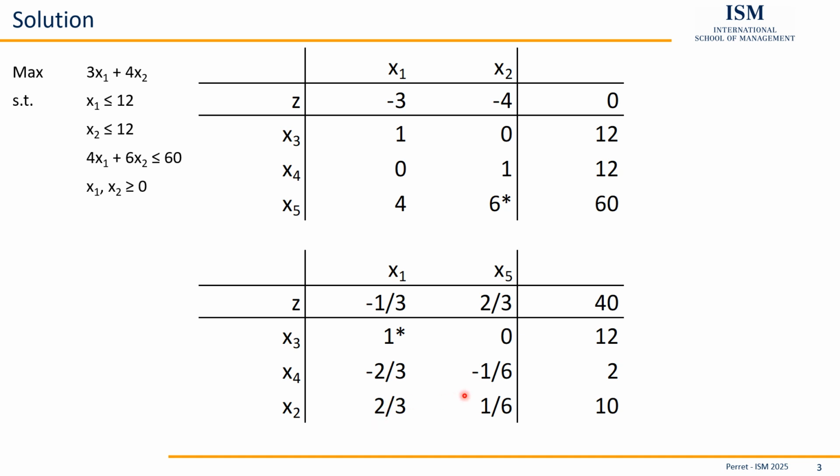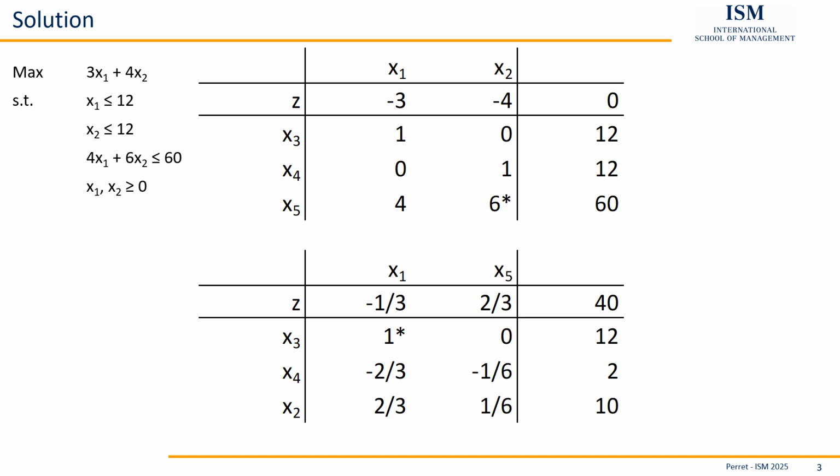And then I'm going to divide 12 by 1, giving me 12. And 10 by 2/3. Well, instead of dividing by 2/3, I can also multiply with the inverse. So multiply with 3/2, giving me 15. Well, in this case, 12 would be smaller. So I select 1 as the pivot element.